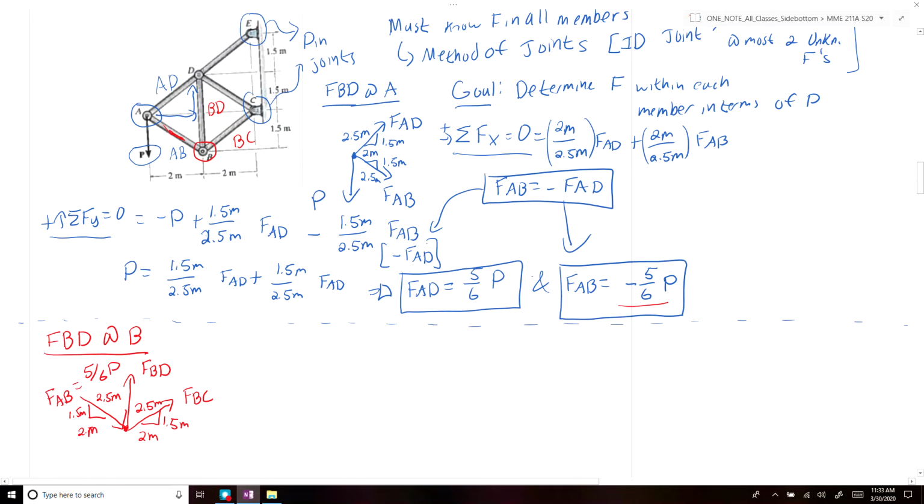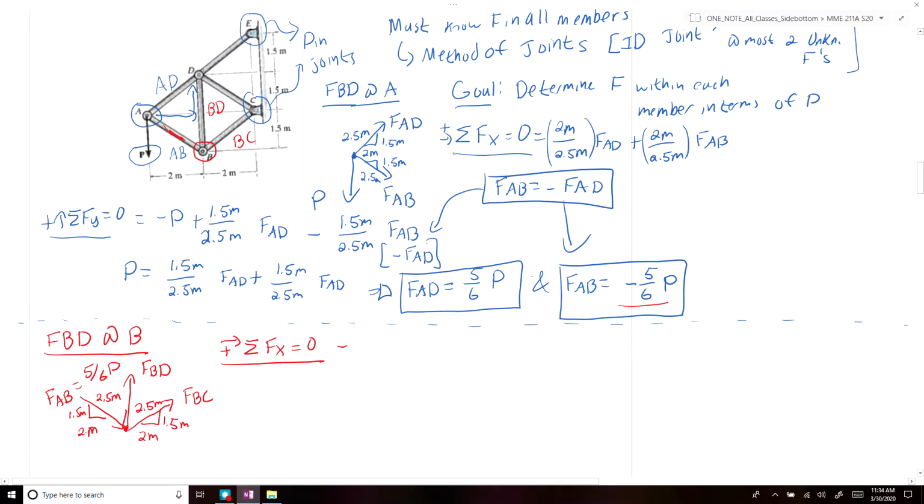All right, so we're just going to use the equilibrium equations again to solve this problem. The first thing we're going to do is sum all the forces in the x direction and set that equal to 0.